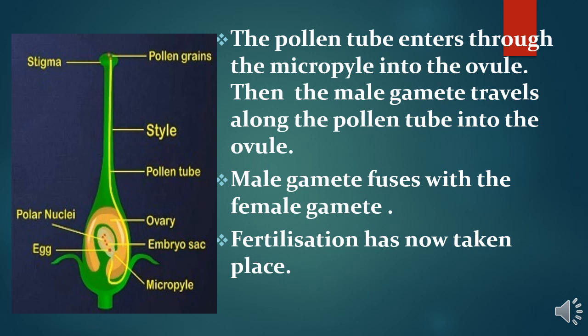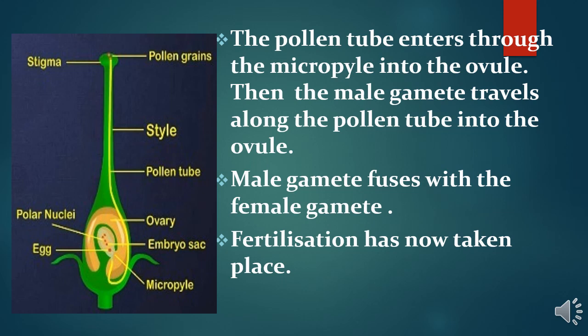The pollen tube enters through the micropyle into the ovule. My dear students, what is the meaning of this term micropyle? It is the small opening in the surface of an ovule through which the pollen tube penetrates.